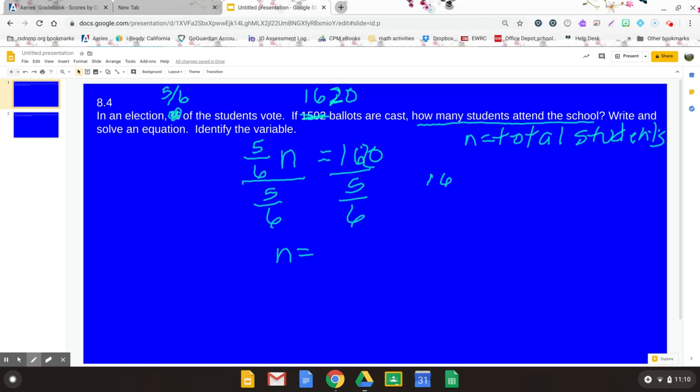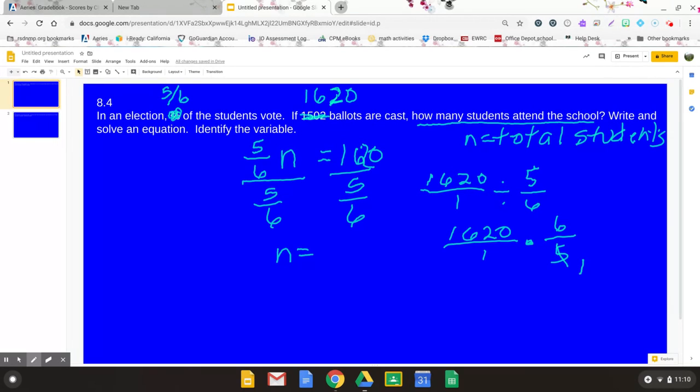So 1620 is going to turn into a fraction. I'm going to divide it by 5/6. Then I know that 1620 stays the same. I switch division to multiplication, and I flip the second fraction. I'm going to reduce by cross multiplication.